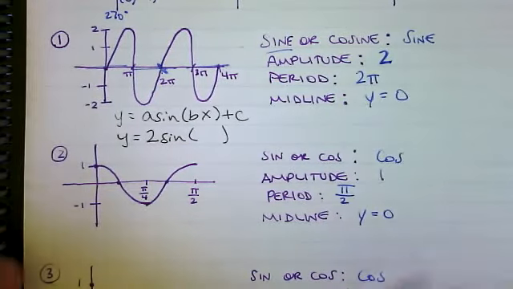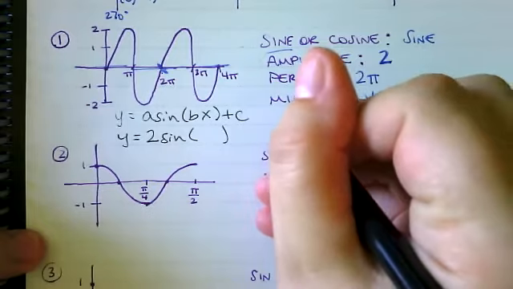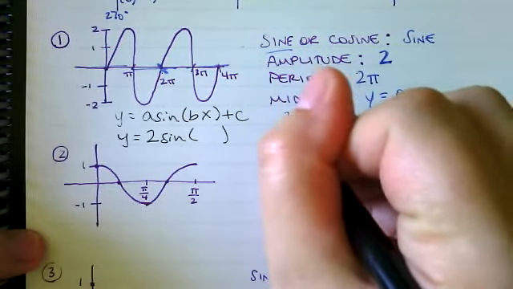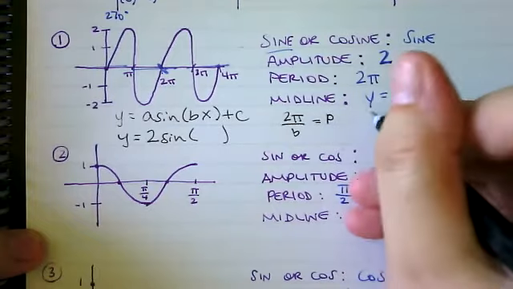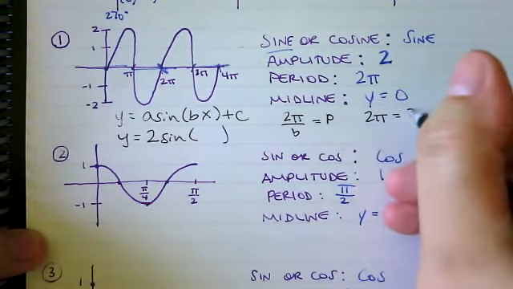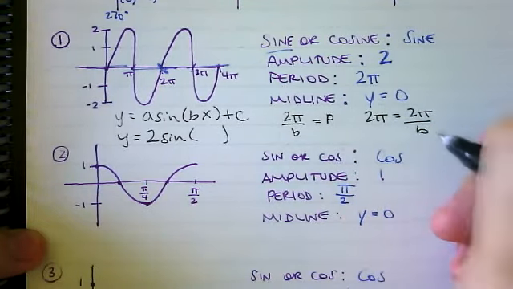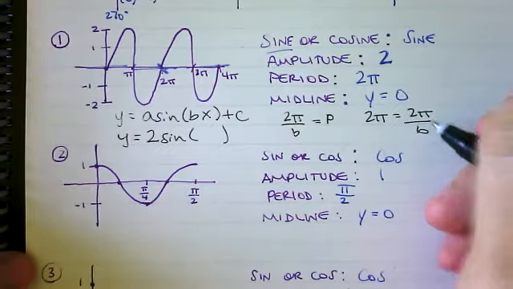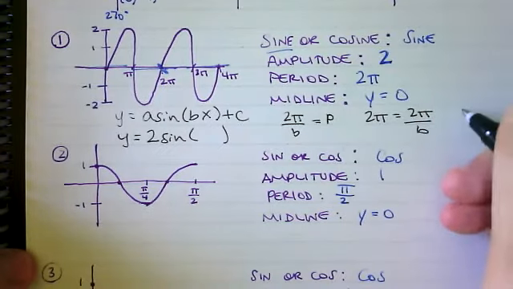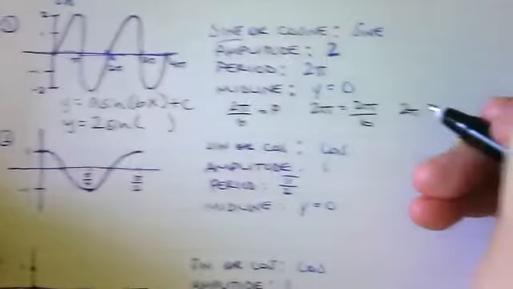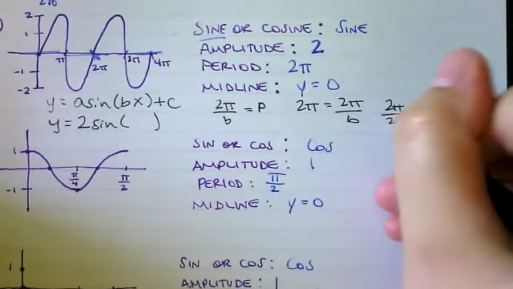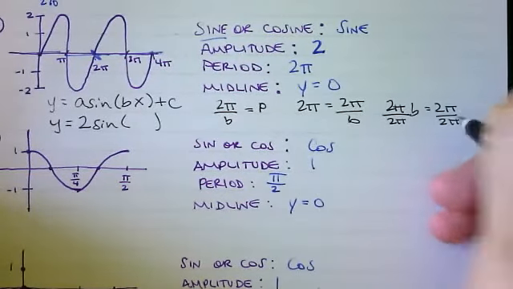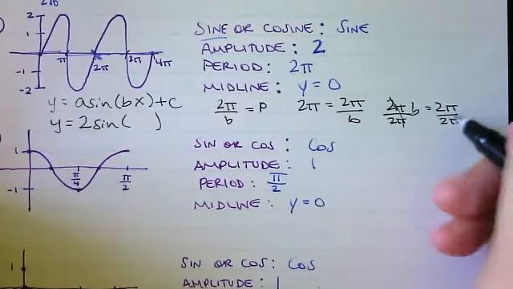So remember, our formula for the period is 2 pi divided by B equals the period. So here the period is 2 pi. So 2 pi equals 2 pi divided by B, and I just want to find B. So for this question, we can cross multiply. I've got 2 pi times B equals 2 pi, divide both sides by 2 pi, and then that cancels and that cancels.